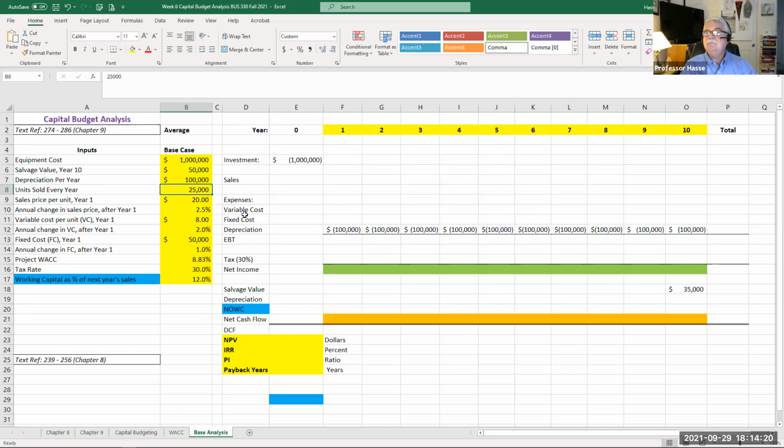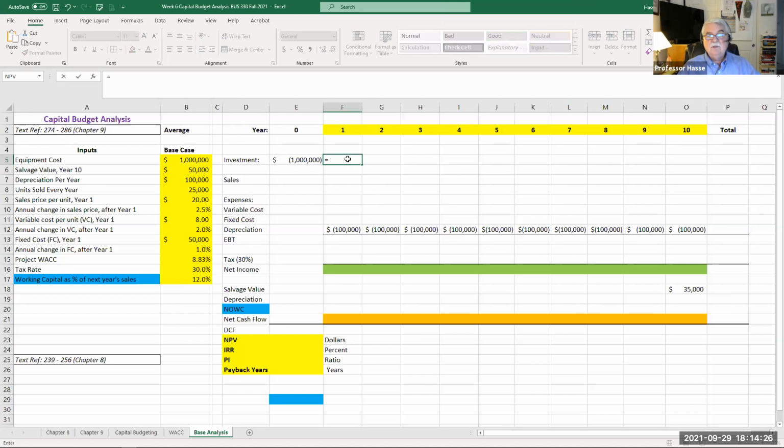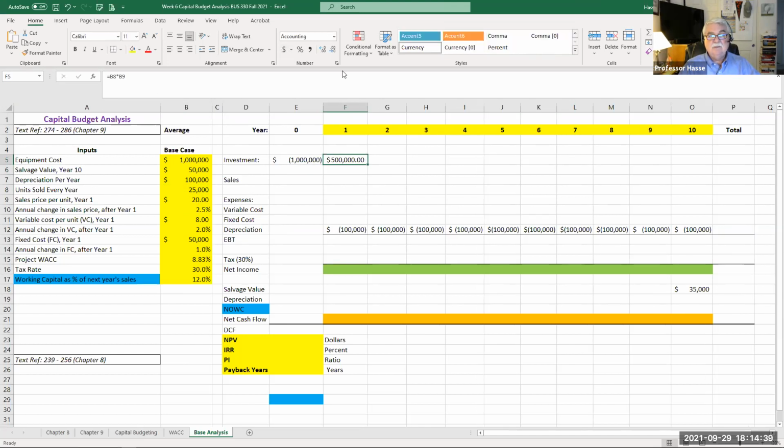units a year. Okay, so we go to year number 1 equals 25,000 units times $20 a unit. Boom. Let's make that a dollar sign without the pennies, no pennies. $500,000.